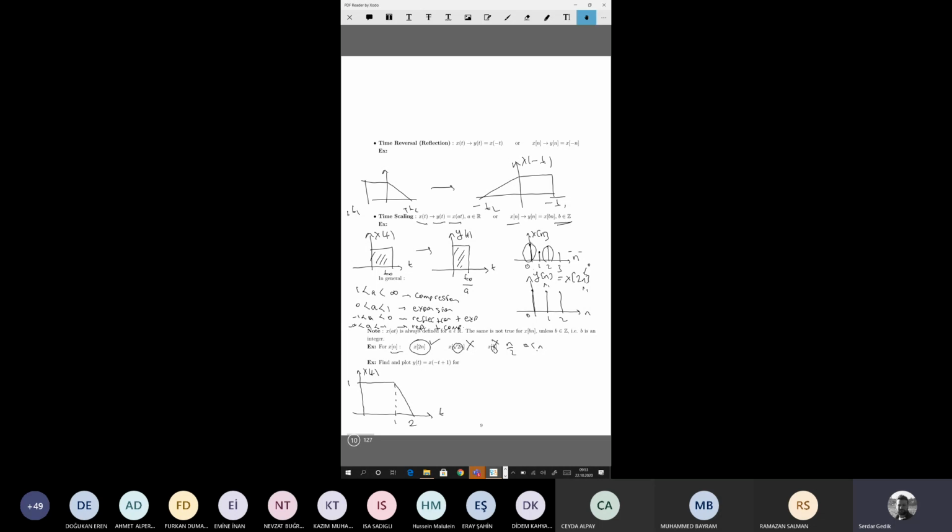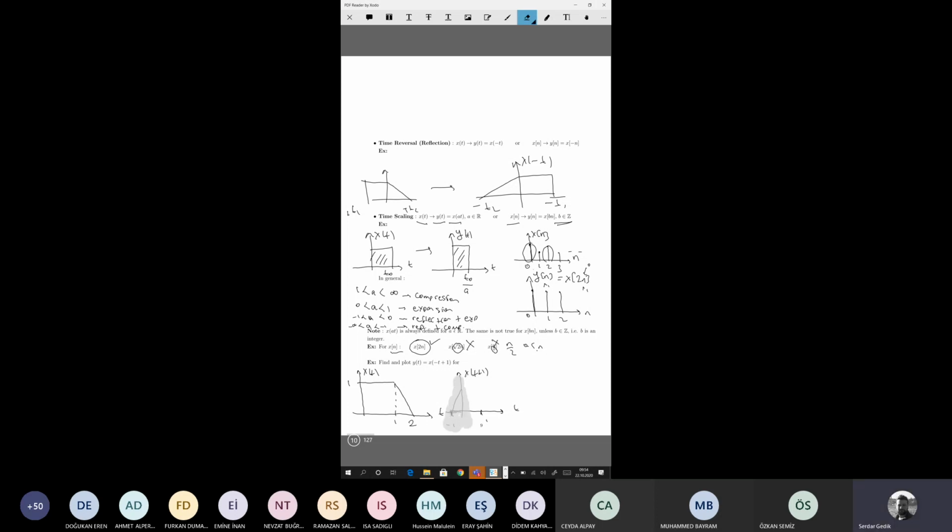Now I will try to find y of t, which is x of minus t plus 1. So first I will find x of t plus 1. Let's plot it. It will start from minus 1, just like this.